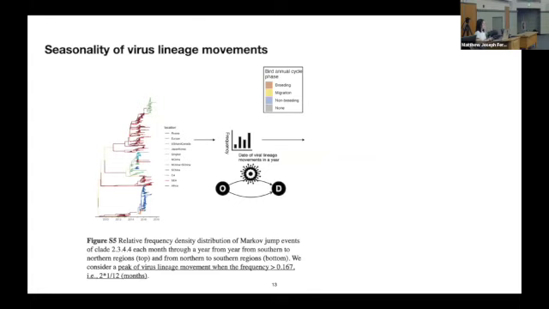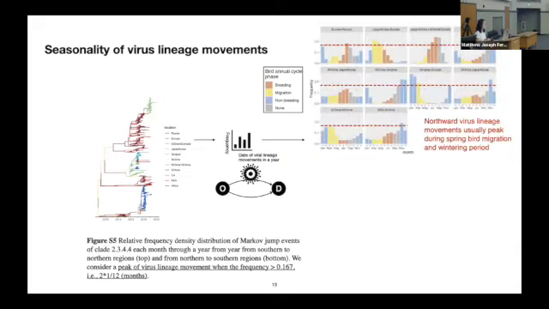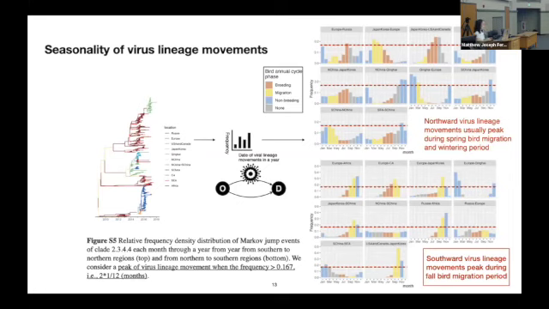If we plot the relative frequency of the virus lineage movements in a year using different bird annual cycle phases, we can see that the virus lineage movement from south to north usually peaks during the spring migration season and the wintering period of birds. In comparison, the southward virus lineage movements usually peak during the fall migration of birds.